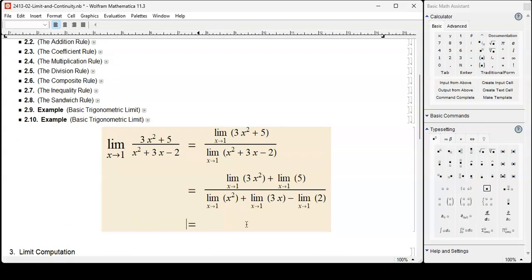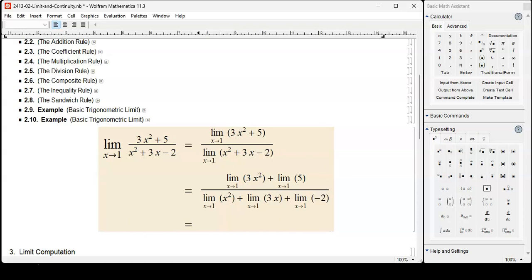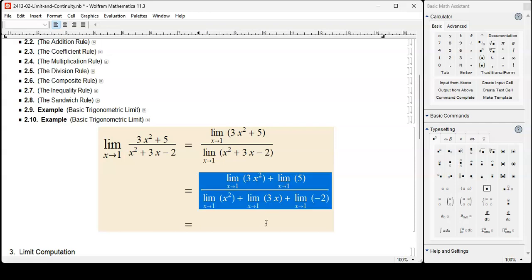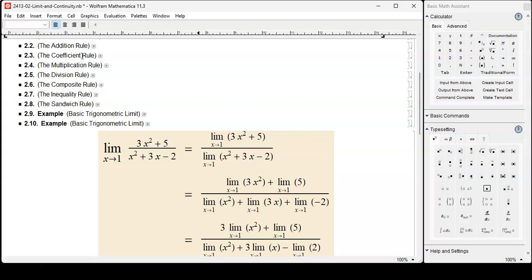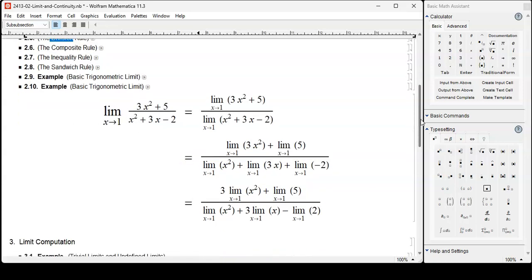As a matter of fact, to be a little bit more precise, I should have written like this. Okay, alright, let's do that. And then what do I do? Let's use the coefficient rule. Take the 3 out, and then take the 3 out, and then take this negative out. So what did I just use? The coefficient rule. Previously I used addition, and before that I used the division rule.